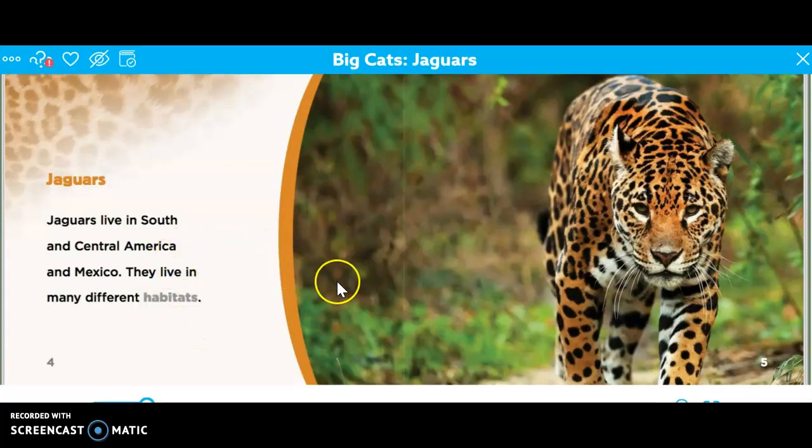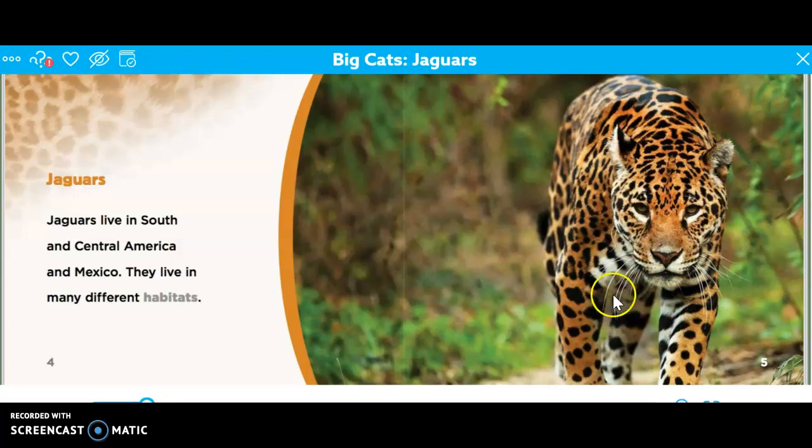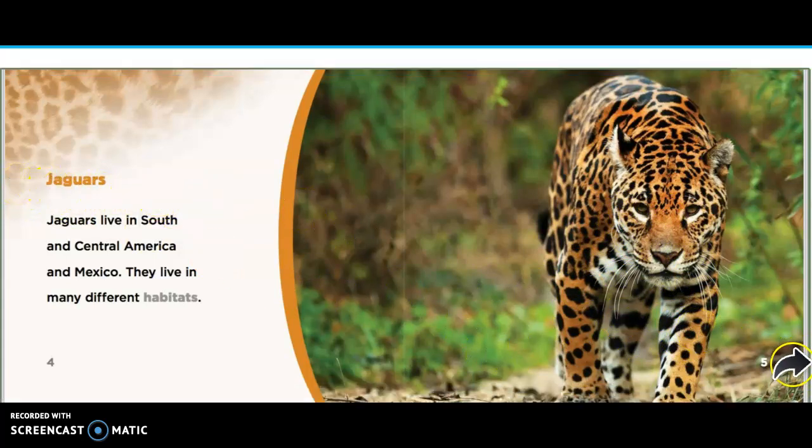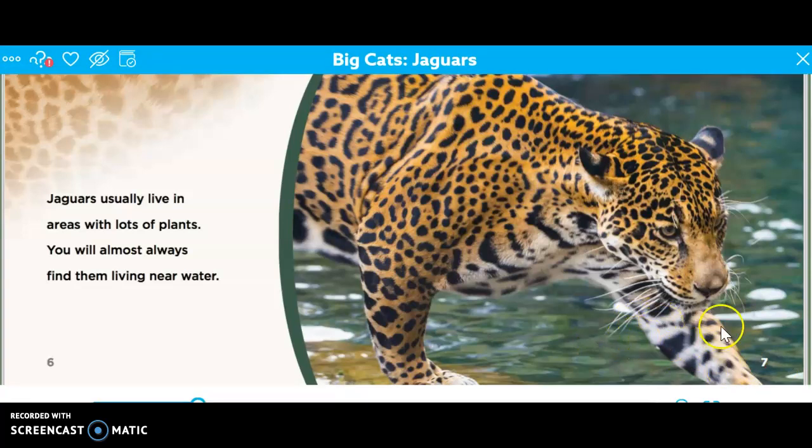So now, guys, let's use the illustrations to identify the characters and the settings and the events. So we see now the character. This book was mainly about jaguars, so we can consider that to be the character. The setting was at different places.